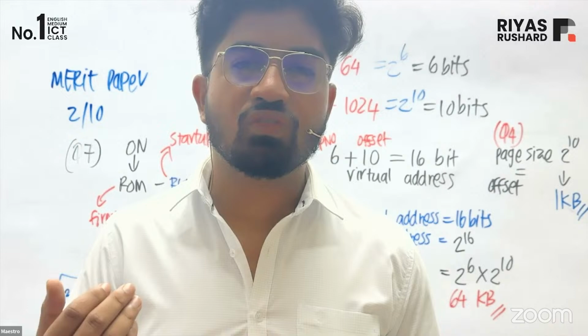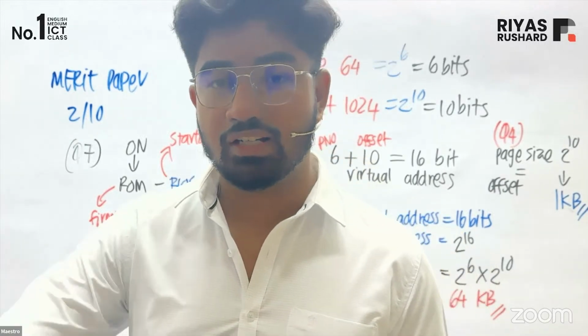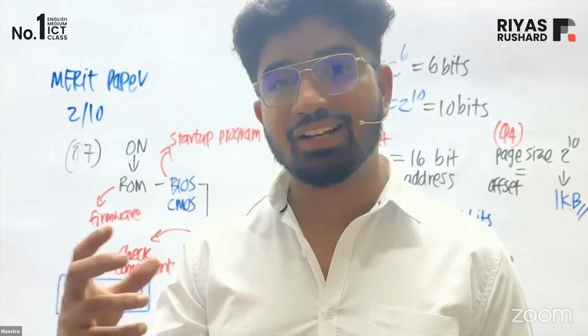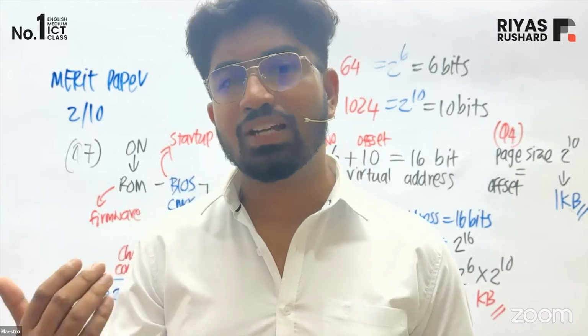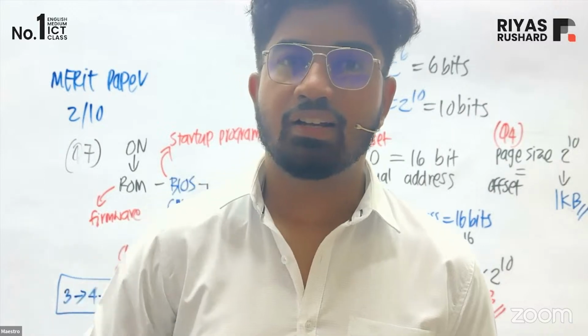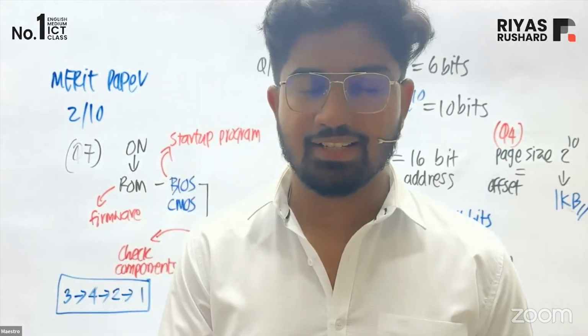Settings are something which will be altered by the user each and every time. Settings should be able to be altered. So why can't we store the CMOS memory in a ROM? Because ROM is a permanent memory which cannot be altered.